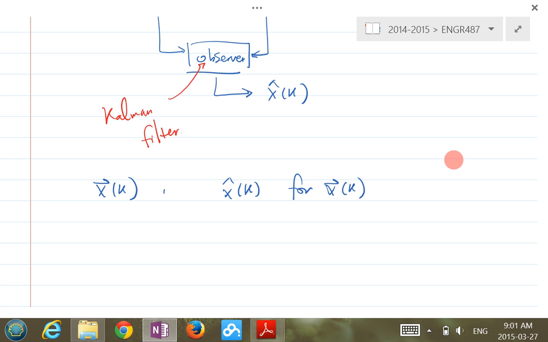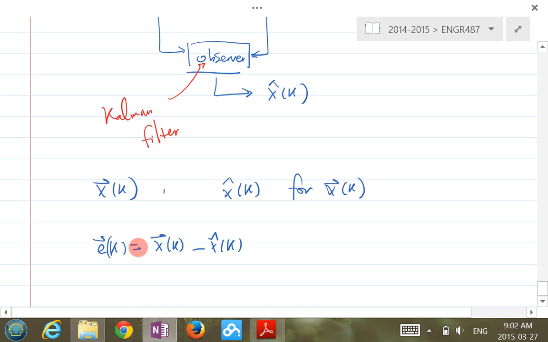Now, the whole objective of doing observation or estimation is that you want your x hat of k to be the x of k. So basically you have an error due to this observation. In a typical observer, what's the objective?